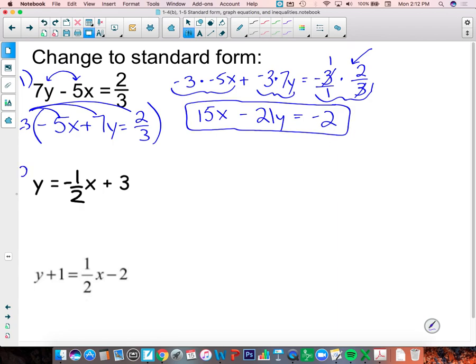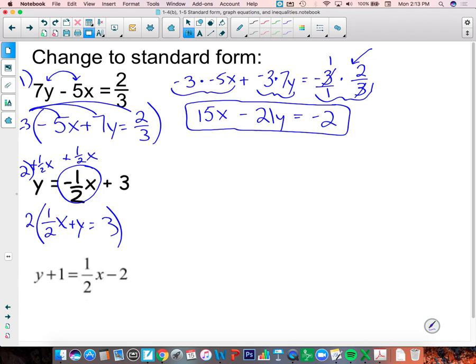All right, working through the other ones. Right here, number 2, I know that I'm going to have to take this and move it over. So I add 1/2 x to both sides. So I have 1/2 x plus y equals 3. We see a fraction, so multiply everything by a common denominator, which would be multiplying everything by 2.